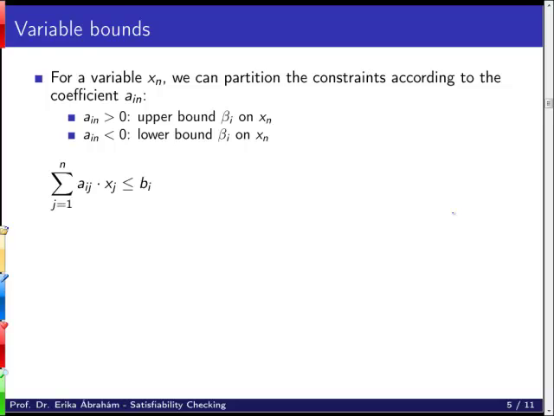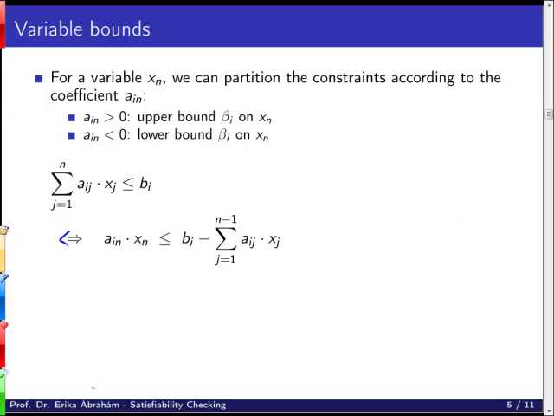For example, the first step is that xn is now the last element in this sum, so I bring it to one side just by subtracting the sum for j from 1 to n minus 1. This is an if and only if.